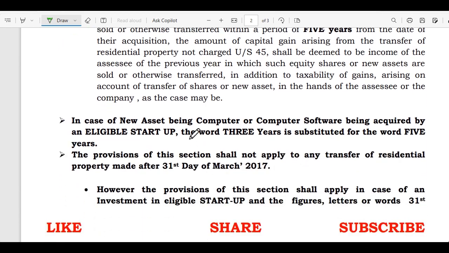In case of new assets being computer or computer software being acquired by an eligible startup, the word 3 years is to be substituted for the word 5 years. The provisions of this section shall not apply to any transfer of residential property made after 31st day of March 2017.